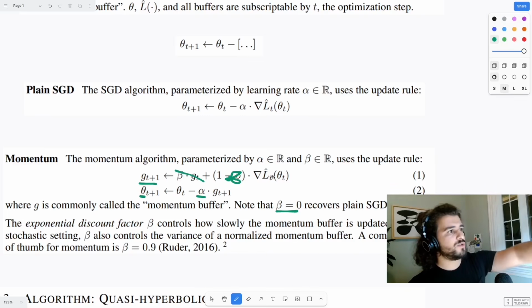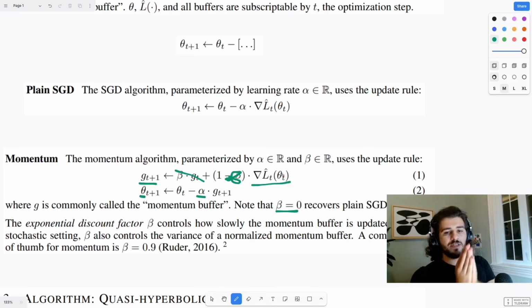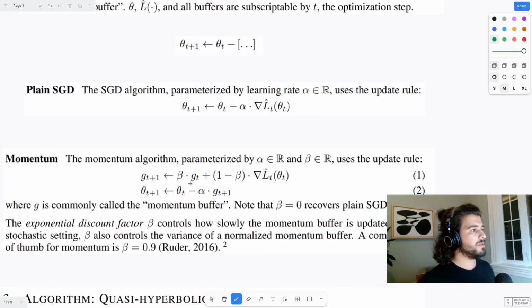We just recover the stochastic gradient descent. So there seems to be a weighted average between two things, right? Here it's between this, which is the gradient of the estimator of the loss for the parameter at t, and this other thing, which is what happened previously. So the previous buffer, right?